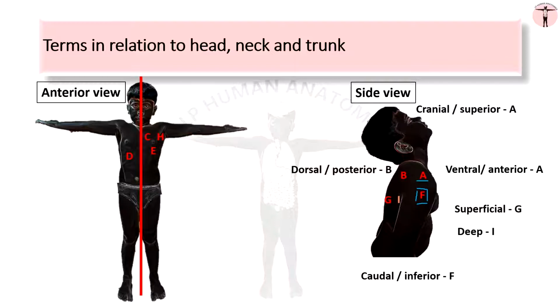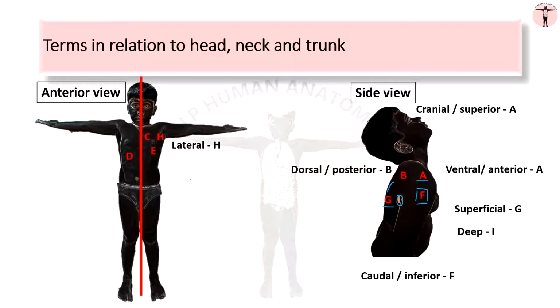So G is close to the surface or the skin of the body, and I is deep inside the body, away from the surface. So you can imagine I as the deeper part of the body.